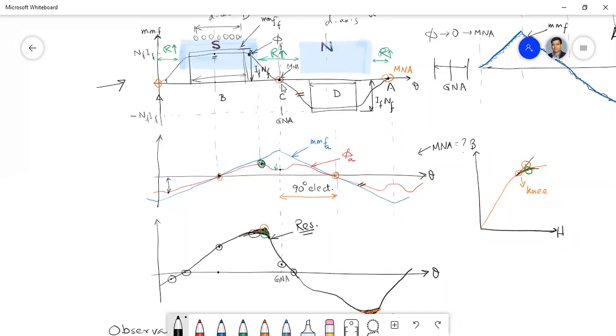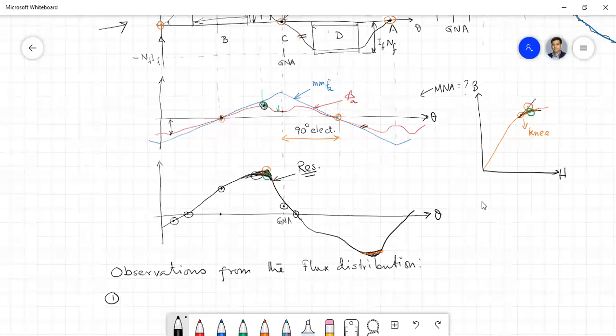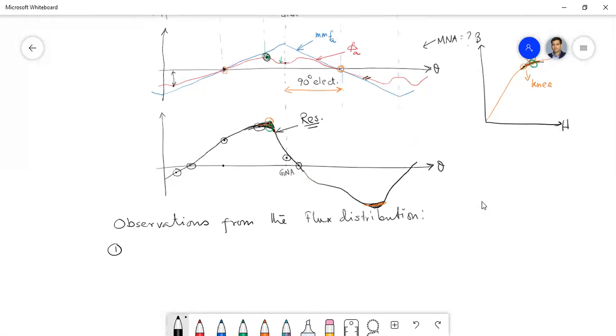So that means q axis, d axis, geometric neutral axis, whatever the axes are, it is very much symmetric. Now that symmetry has been lost when we have drawn this resultant flux distribution.